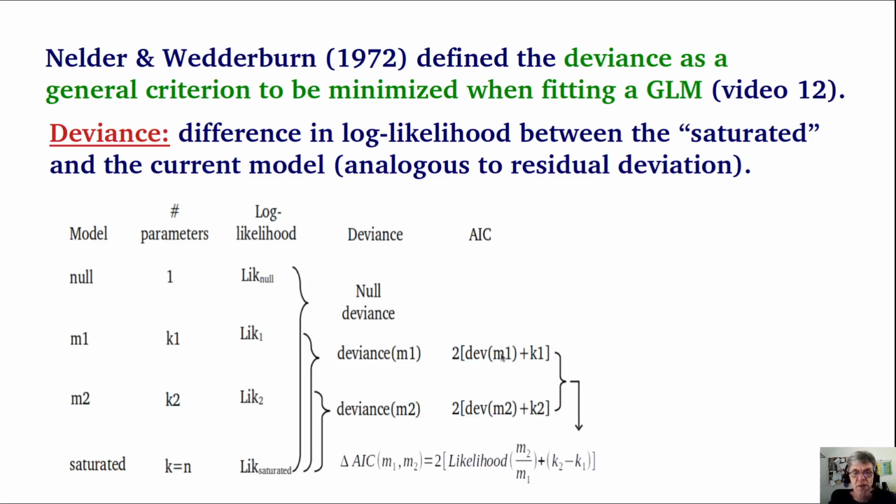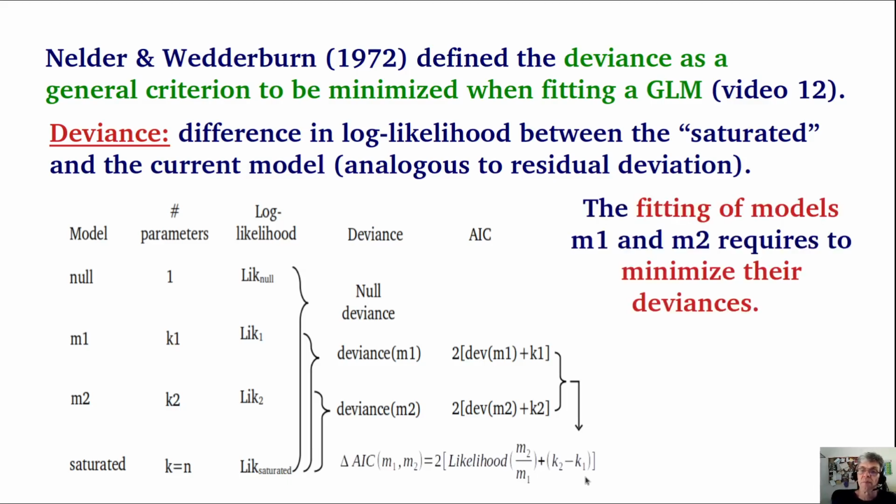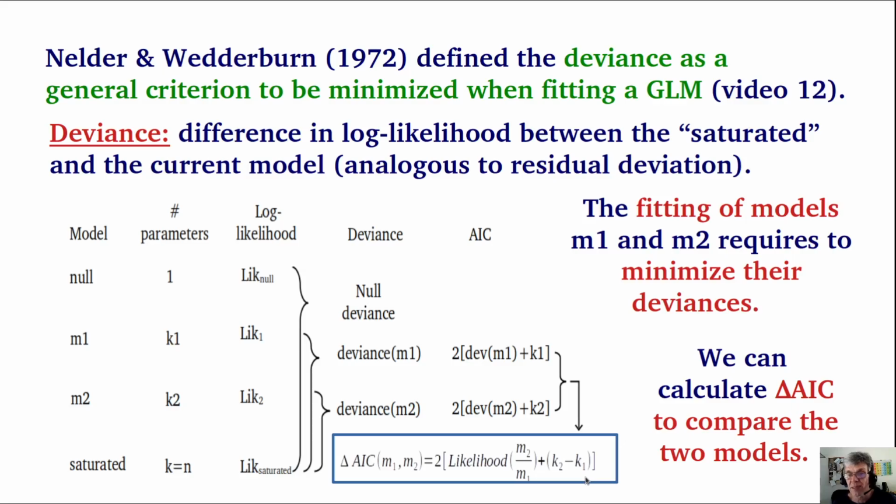So if we compute the difference of deviances between these 2 models, this corresponds to the delta AIC. The delta AIC of models M1 and M2 is the likelihood ratio of these 2 models plus the difference in parameters. So fitting the models M1 and M2 requires minimizing their deviances, and we can calculate the delta AIC, the difference in AIC, to compare the 2 models.